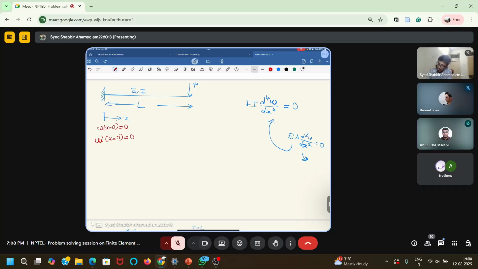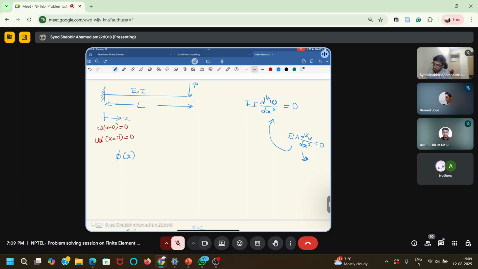So for a cantilever beam which is fixed at one end, both the deflection at the fixed end and also the slope at the fixed end are 0. If you want to assume some function, you can take any function which should satisfy both of these essential boundary conditions.